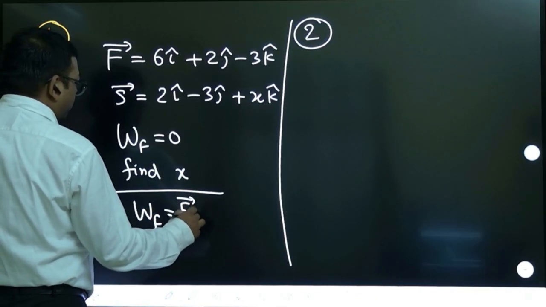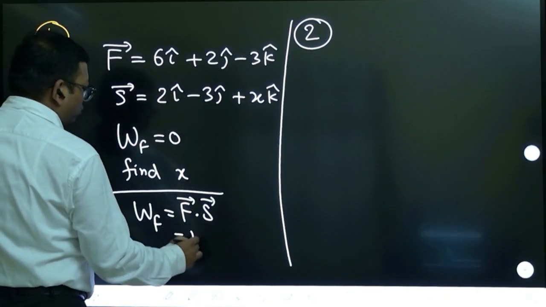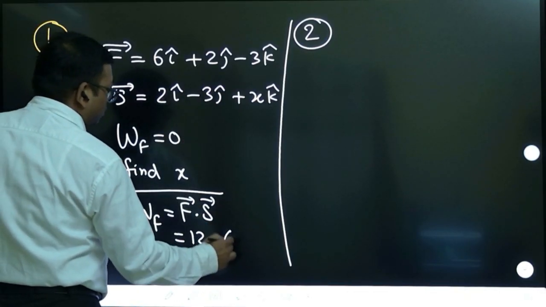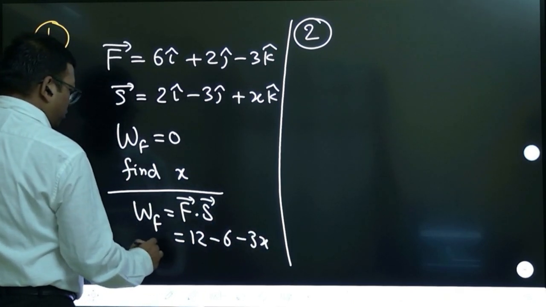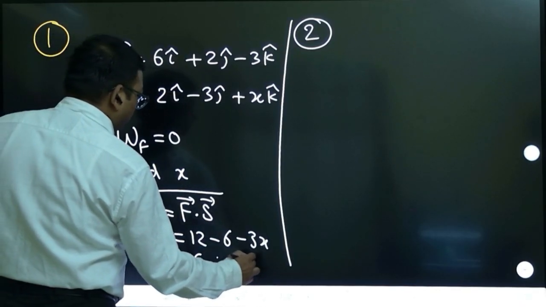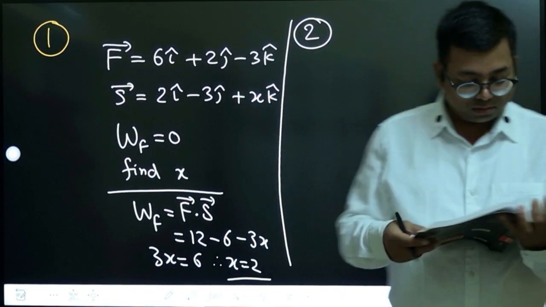Force dot displacement, do it. It is a constant force. So 6 into 2, 12, minus 3 into 2, 6, minus 3x. So 3x becomes 6, x becomes 2. Correct. Done. Okay, let us move to the next.